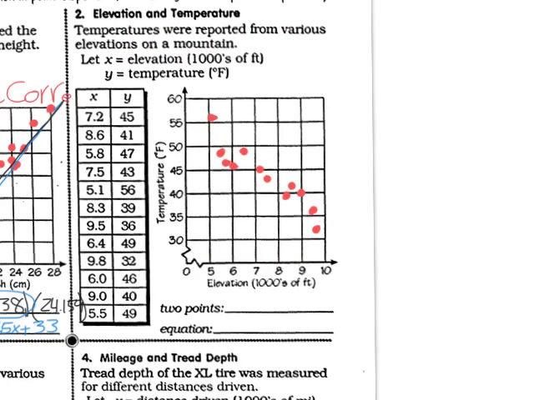So this is a negative correlation, because in general, as the height of the mountain is increasing, the temperature is going down. So I went ahead and put my trend line on there.